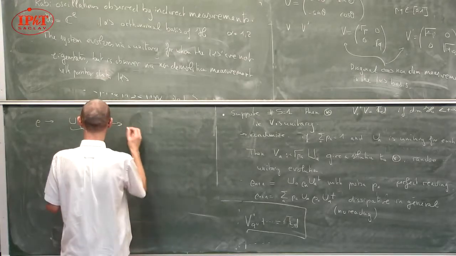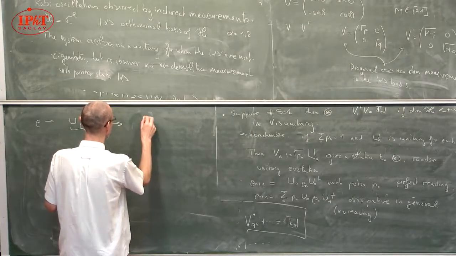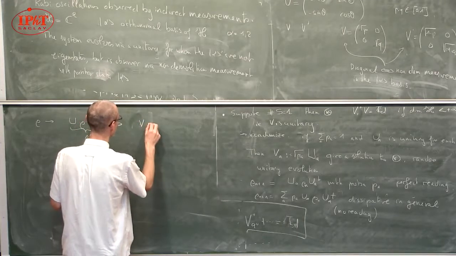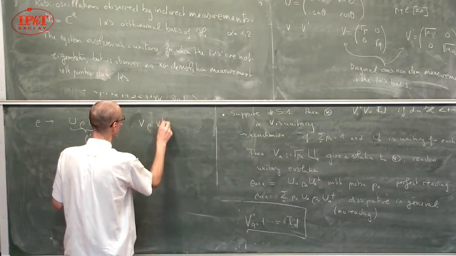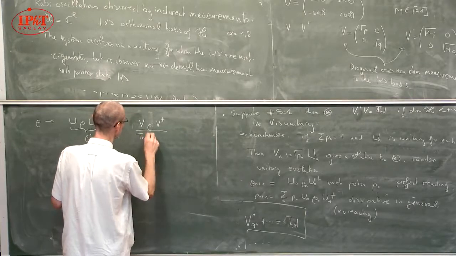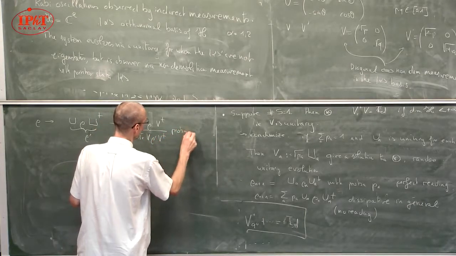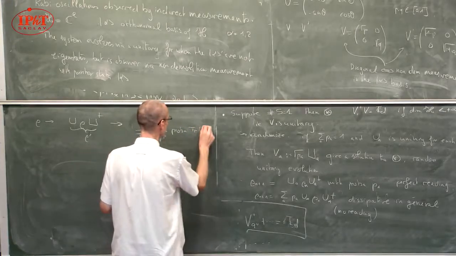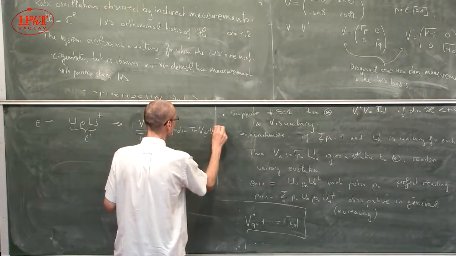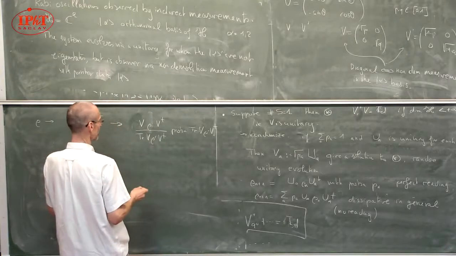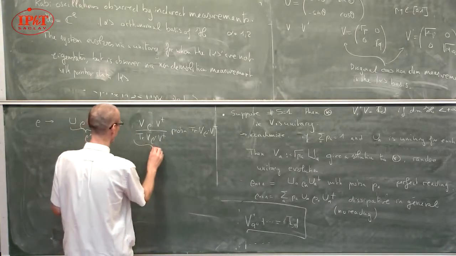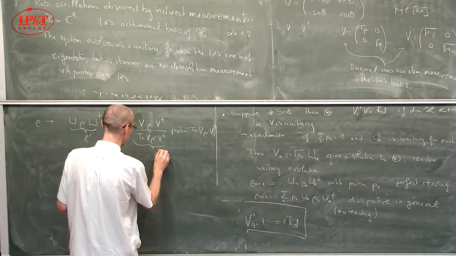So this is going to be V rho prime V dag divided by the trace of V rho prime V dag, the probability. And this is what I call rho double prime.